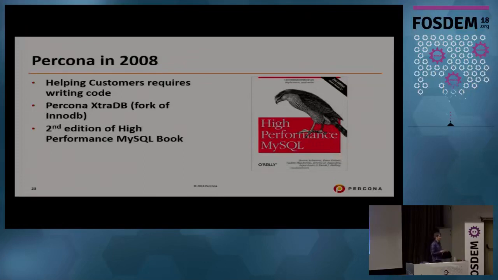We saw an opportunity out there, and actually we needed to, because we saw it was impossible to scale InnoDB without actually writing code and fixing some problems. And that is how we created Percona XtraDB, the fork of InnoDB.